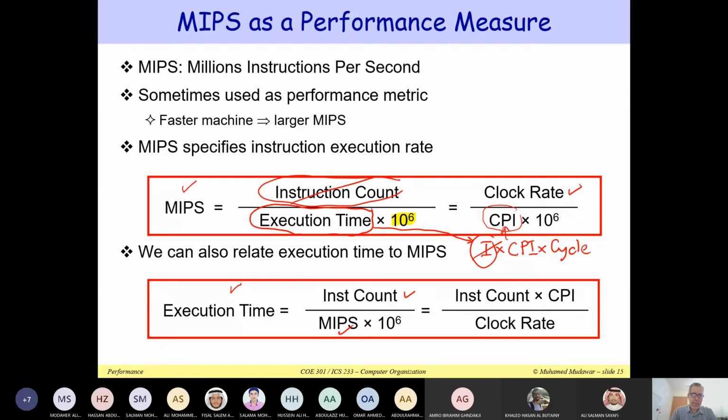So you have to count the instructions, the instruction count, and knowing the MIPS rate, you can calculate the execution time. And this is the performance equation: instruction count multiplied by the average CPI, divided by the clock rate. All of these are equations that you can use to solve problems related to performance.